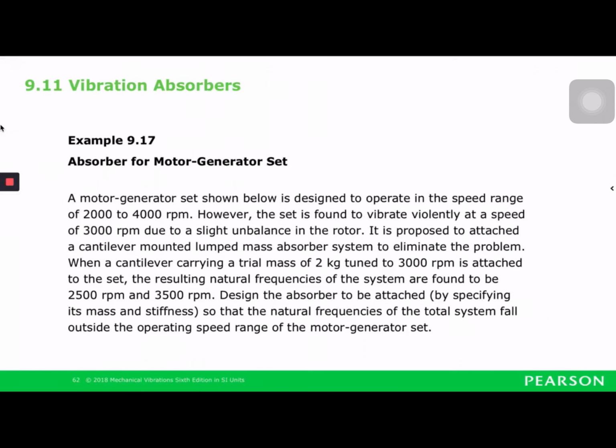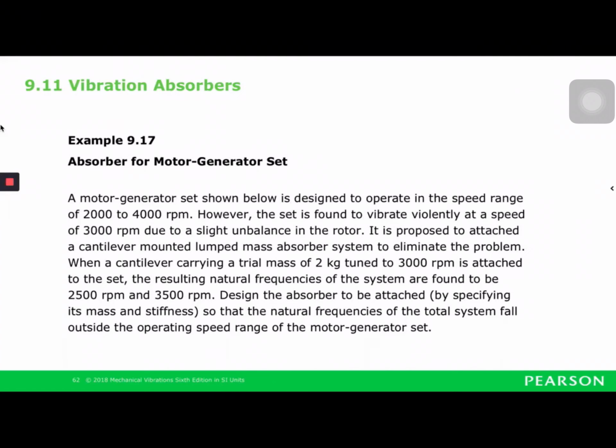This example shows the initial condition of the machine, what its specification is, and what countermeasure was done. But then it is not enough, so you need to modify it from what has been done to a better one, right? So it's a two-step process.